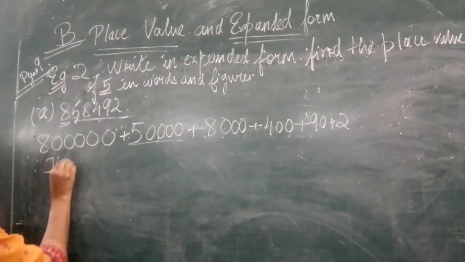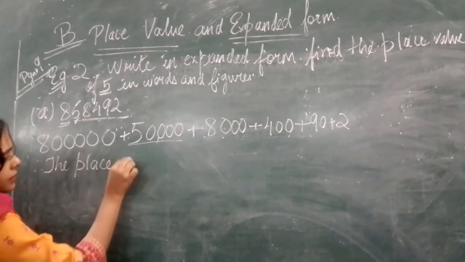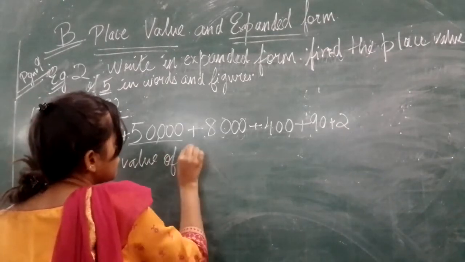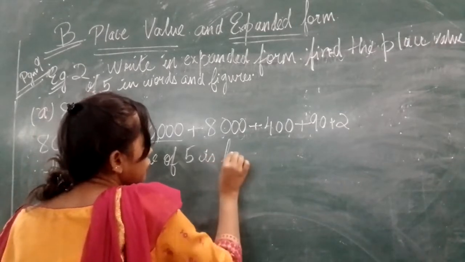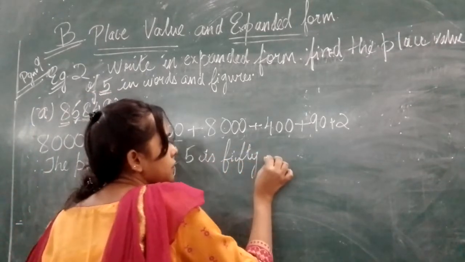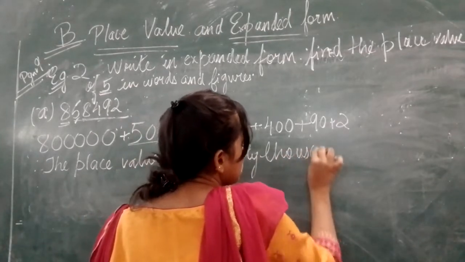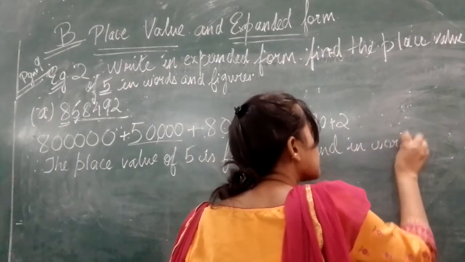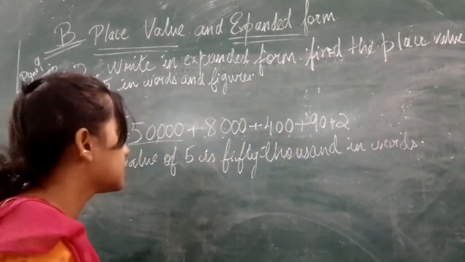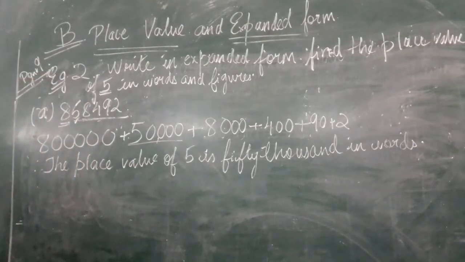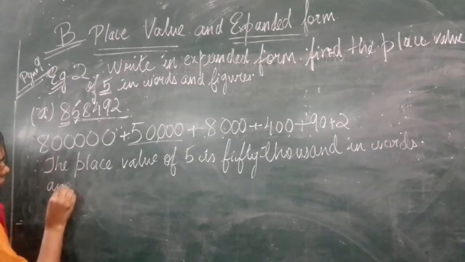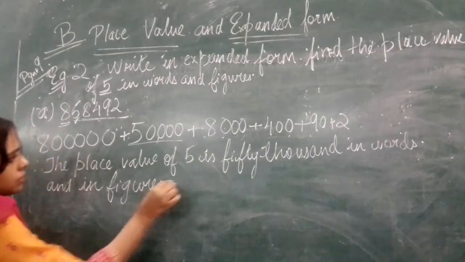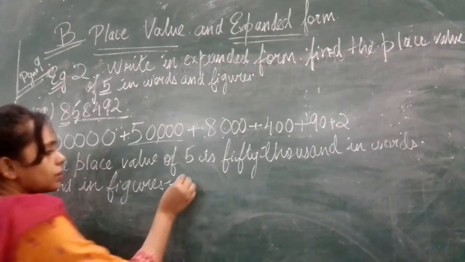Therefore, the place value of 5 is 50,000 in words and in figures. You have written in words and in figures. What will be the number? It will be 50,000. Yes.